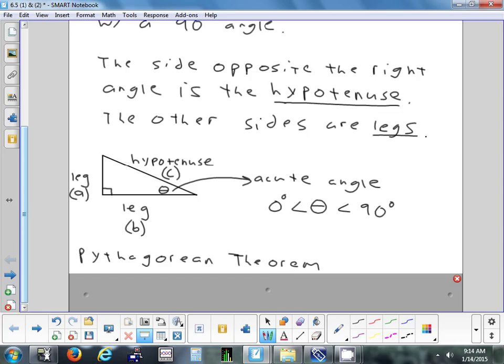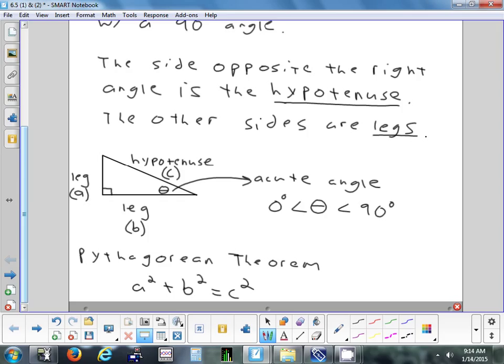If you square both legs and add them, it equals the square of the hypotenuse. Perfect. That's exactly right. We normally write it with the letters A, B, and C, but just saying A squared plus B squared equals C squared, that's not the theorem. That's maybe how you represented it. The idea is you square each leg, you add them up, and it equals the hypotenuse squared, whatever you want to name your legs and hypotenuse.